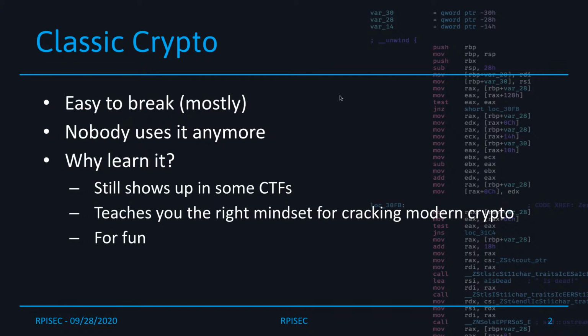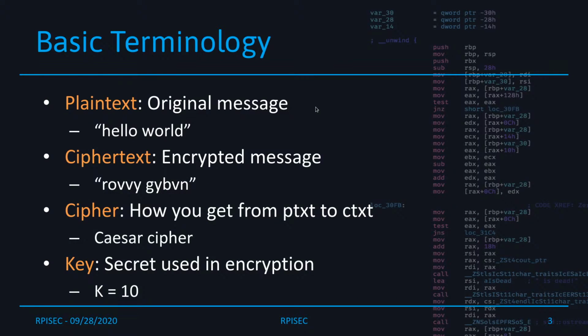So, yeah. First things first, I just want to get some basic terminology out of the way. Say we have Alice who wants to send a message to Bob, and she doesn't want any spies to intercept her message and read it. So the message that she's going to be sending to Bob is called the plaintext.